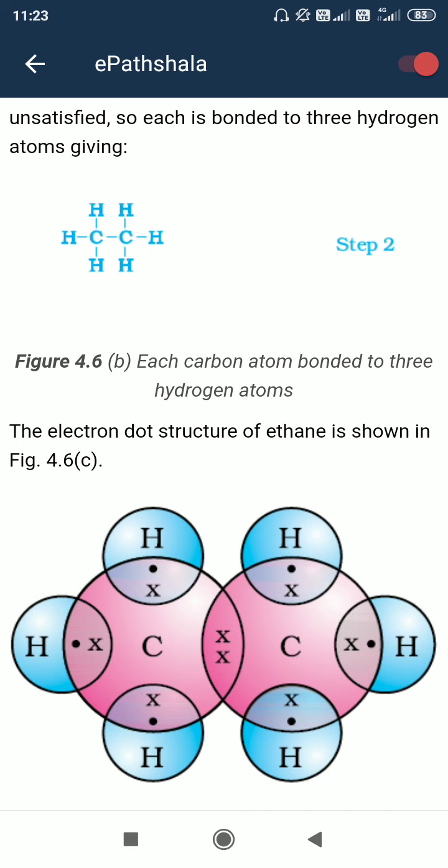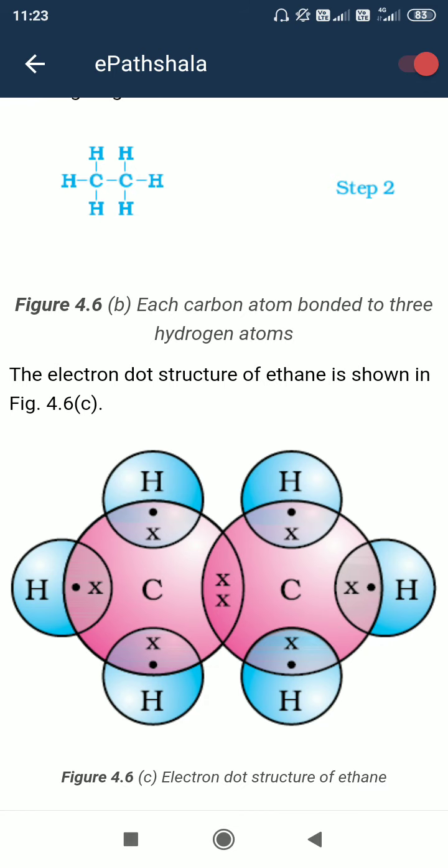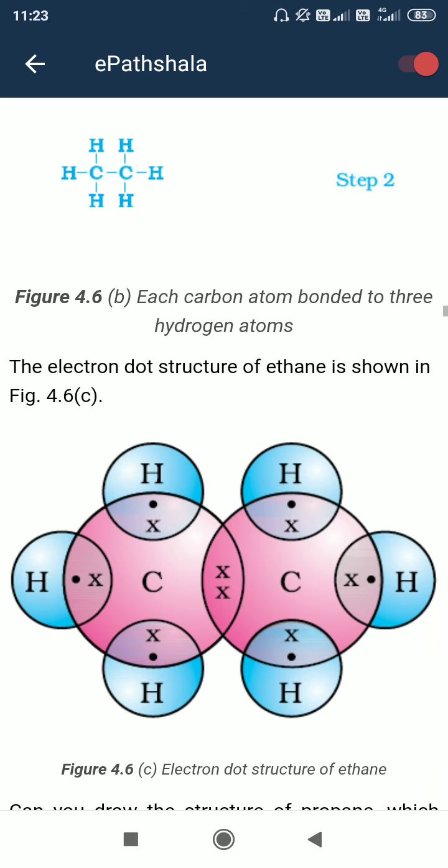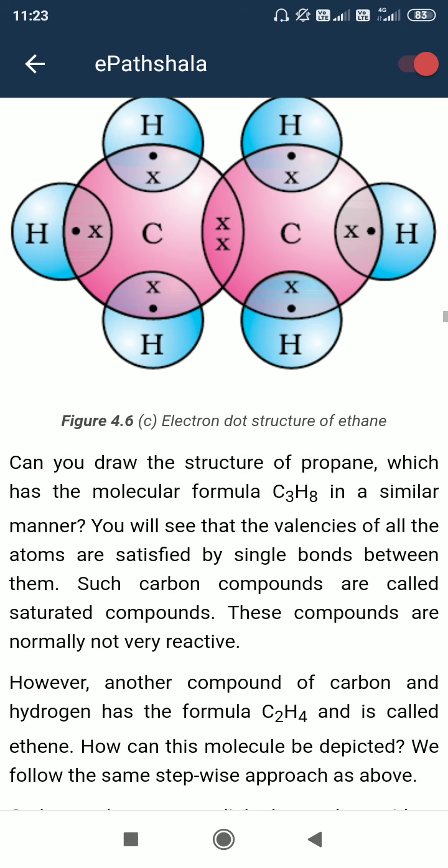See, CH3, it is ethane, and this is the structure of ethane. In the case of ethane, CH3 bond CH3, here all carbons are fulfilled with 6 electrons, total 6 electrons from 6 atoms of hydrogen. So this is the electron dot structure of ethane.